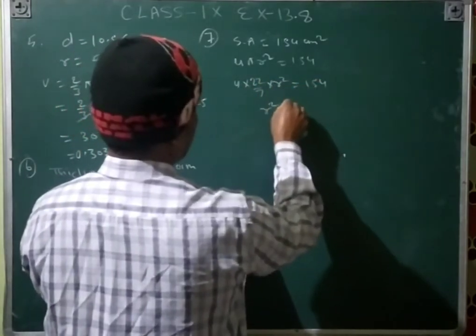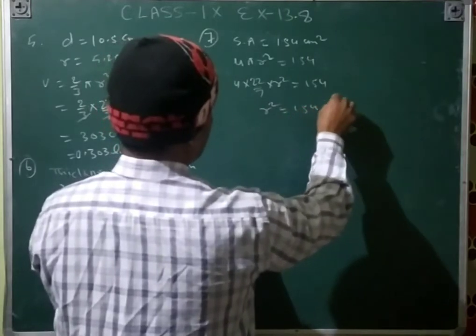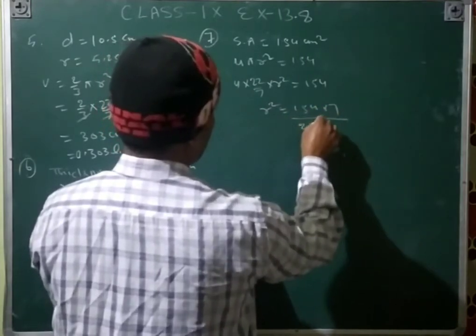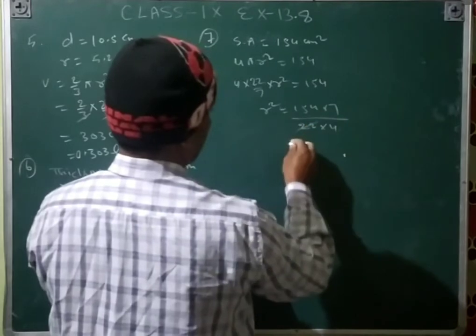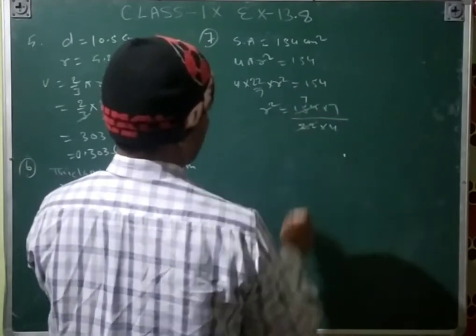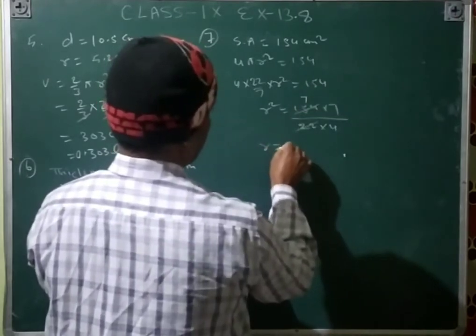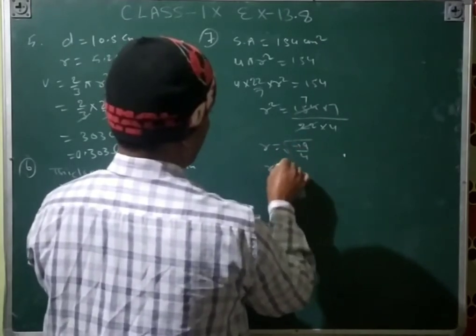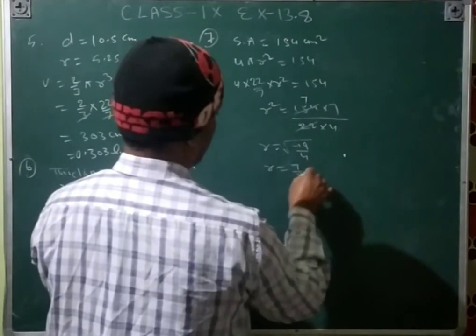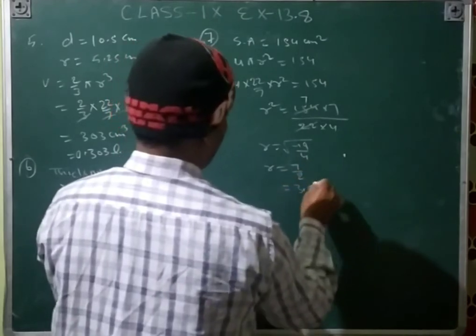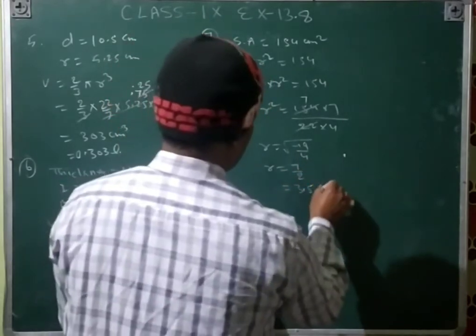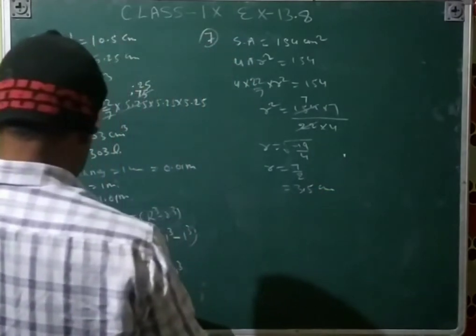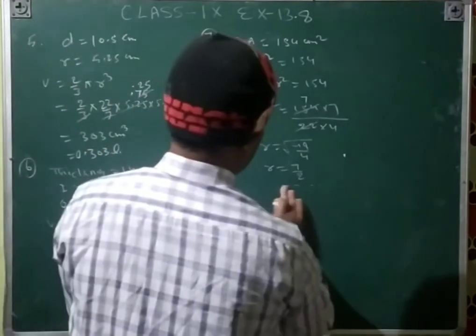So r square is equal to 154 into 7 upon 22 into 4. So 22 7s are 154, and r is equal to under root 49 upon 4, so r is equal to 7 upon 2, that is 3.5 centimeter.